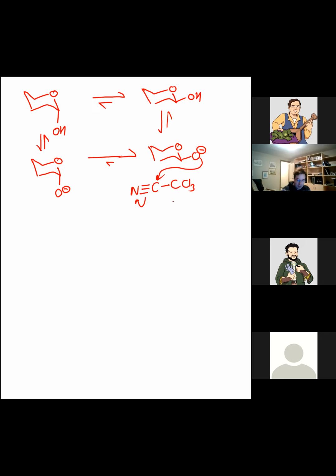Mechanistically, this is what happens. Same thing, just at the alpha, or vertical.